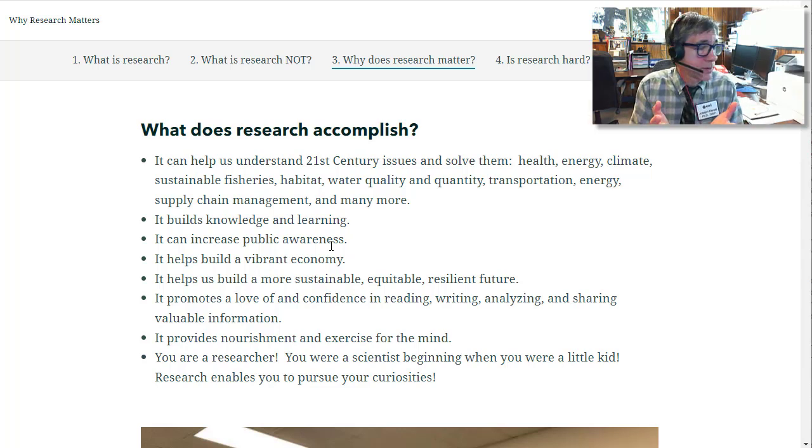Energy in our world, lots of different forms of energy. How do we power our modern economies? Climate and weather. Sustainable fisheries, habitat, not just for humans, but for other plants and animals. Water quality and quantity, we touched on that a bit earlier. Transportation, how do we move goods, people, services around?